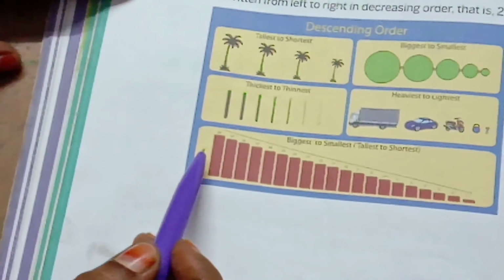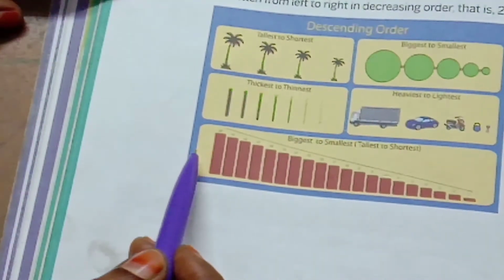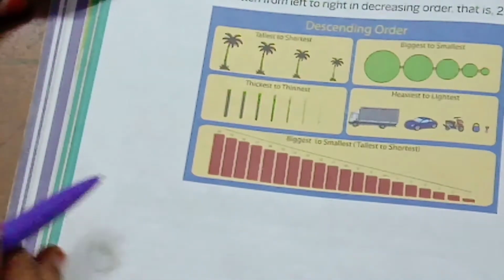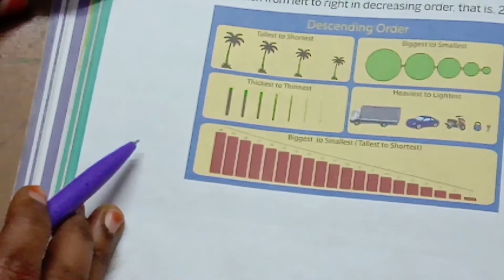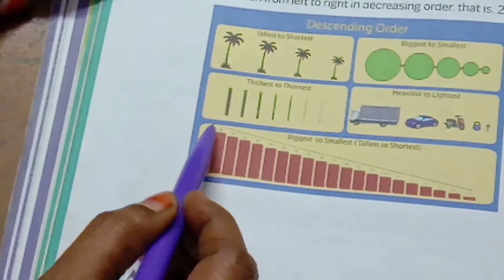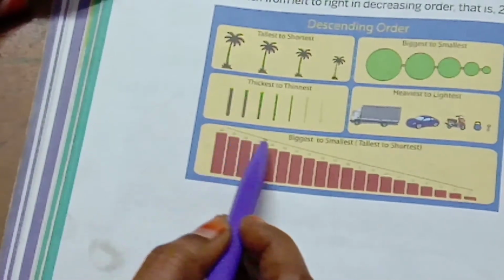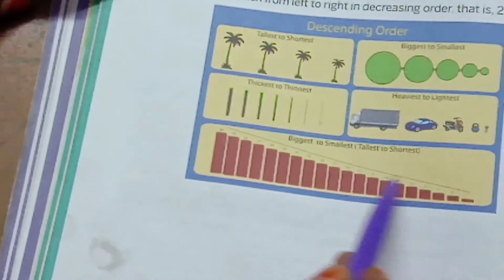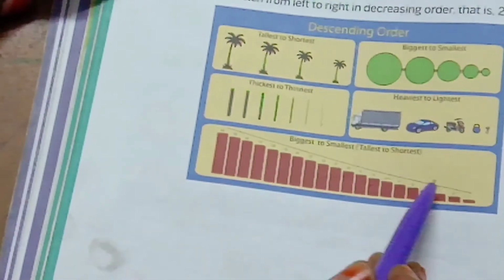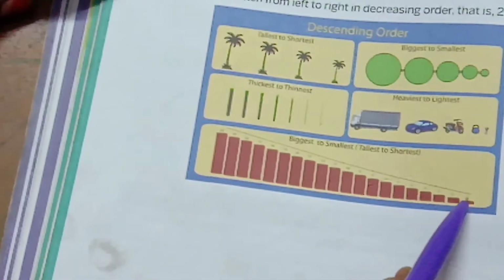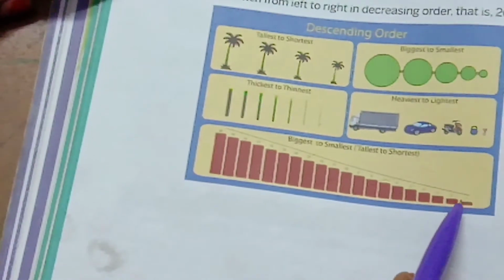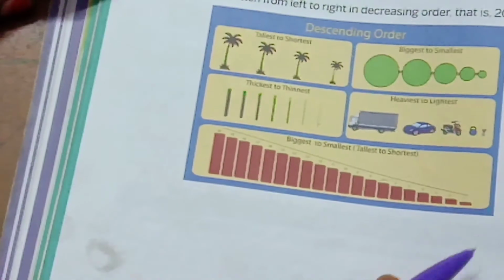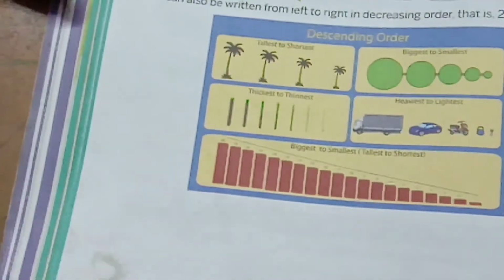Descending order means decreasing order. Decreasing order means we arrange biggest to smallest. So what is the bigger one? 20. So we are going down, right? We are going down one by one, step by step. Last one is there. So we arranged here biggest to smallest. Have you understood, children, about descending order?